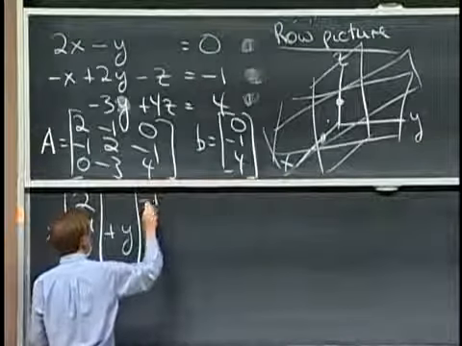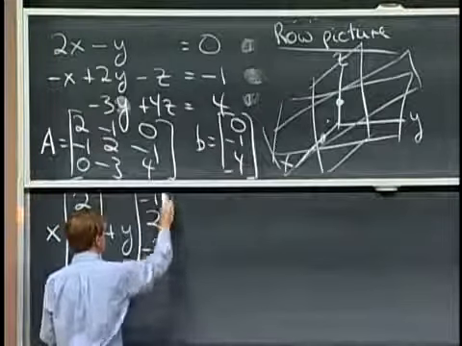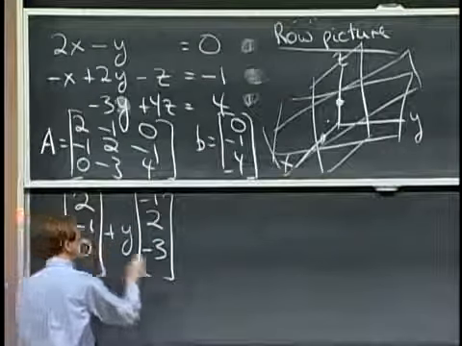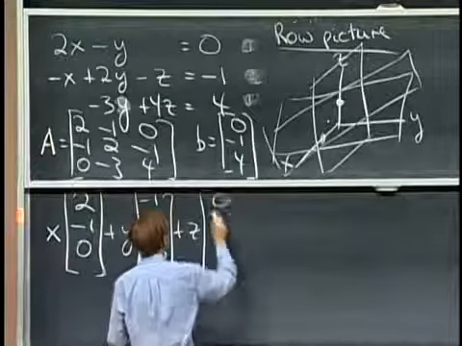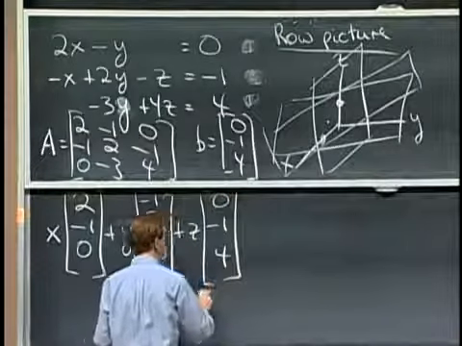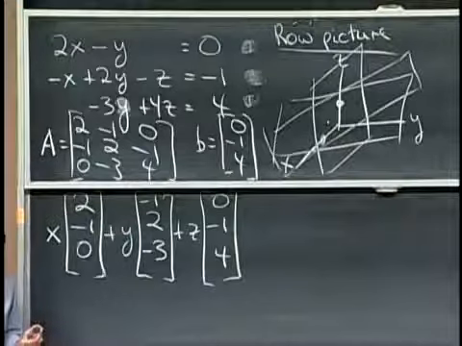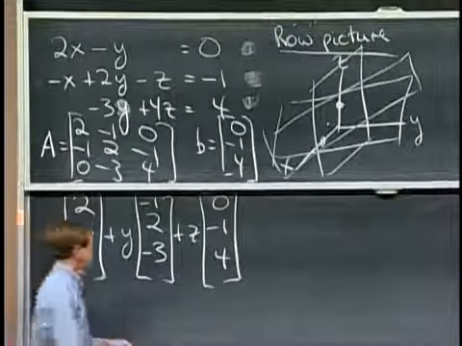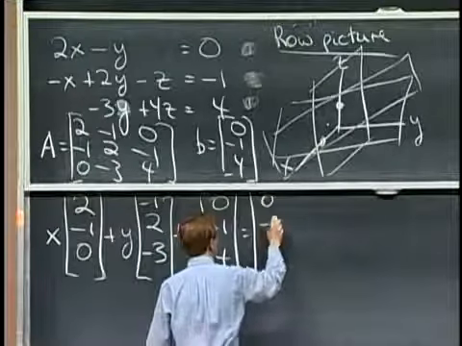There's minus 1 in the first equation, 2 in the second, and maybe minus 3 in the third. Just the second column of my matrix. And z times no z's, minus 1 z's, and 4 z's. And it's those 3 columns that I have to combine to produce the right-hand side, which is 0, minus 1, 4.